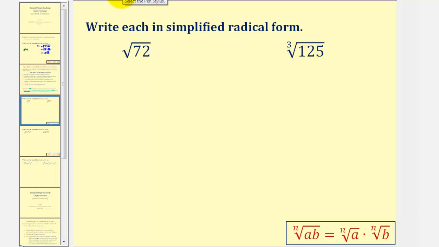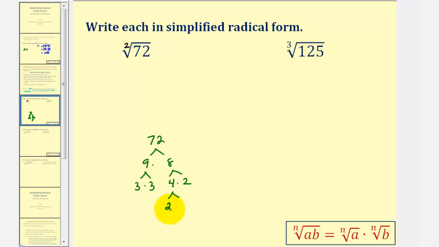Let's begin by simplifying the square root of 72. Again, because the index is 2, this will simplify if 72 has perfect square factors. So to help us find those perfect square factors, we're going to write the prime factorization of 72. 72 is equal to 9 times 8. 9 is equal to 3 times 3. 8 is equal to 4 times 2.